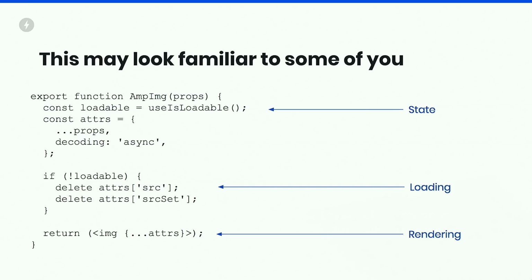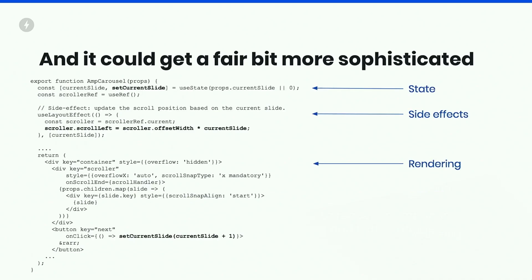If it's not loadable, we can delete the SRC and the source set, and you don't create a network request. And we can make this extremely complicated if we want to. This is a case for AMP carousel, where we can have internal state for the current slide being presented, so that when you click on the next or back buttons, you can go to the appropriate slide, the -1 or the +1.